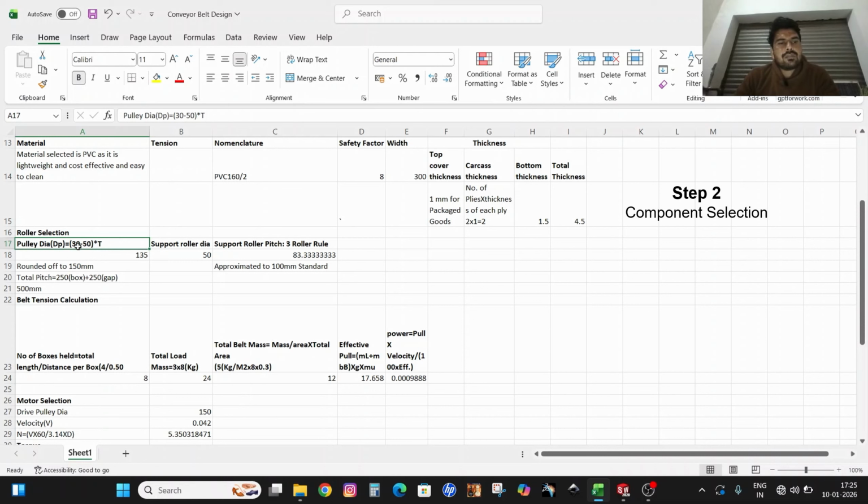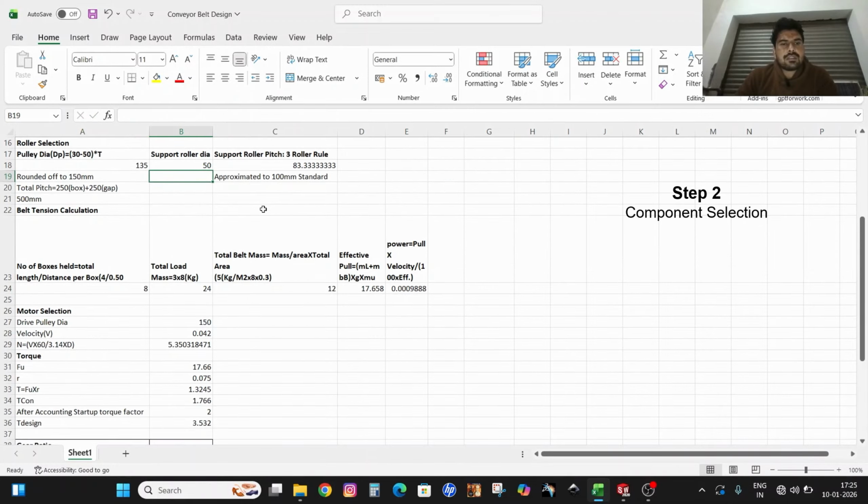If we use the lower limit 30 and multiply it by 4.5, the total thickness, we get 135 millimeters, and rounding off to a standard size, we get 150 millimeters of roller diameter.